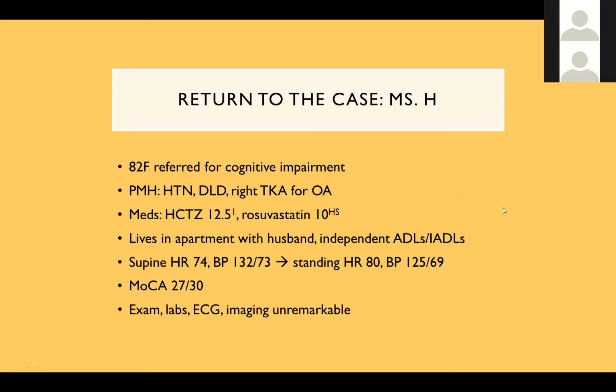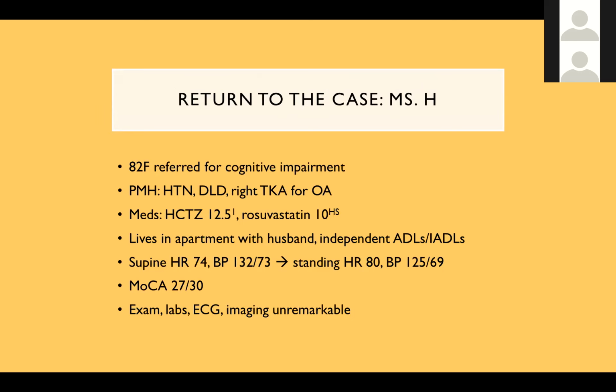Coming back to our case with Mrs. H, if you look through her baseline characteristics, she really fits the SPRINT population fairly well. She's over the age of 75, so again automatically qualifies as a high-risk individual. She doesn't have some of those comorbidities that would exclude her, so no history of stroke or diabetes.